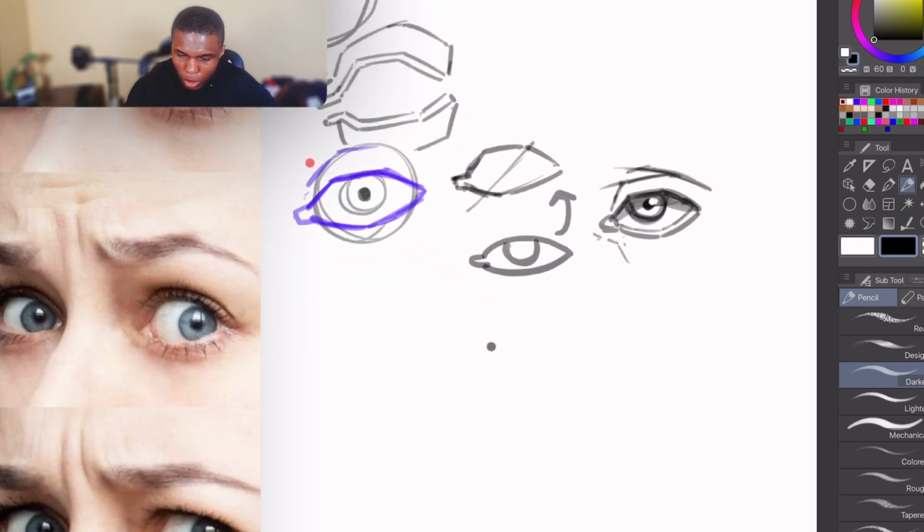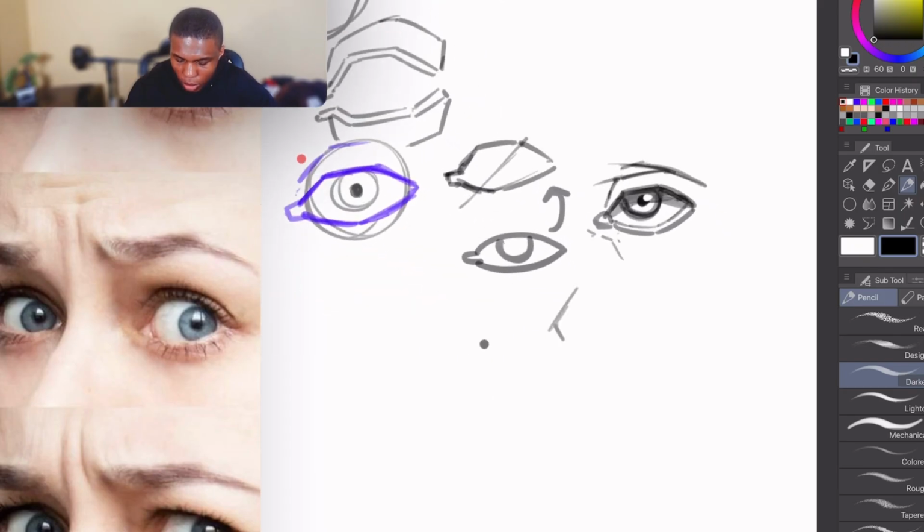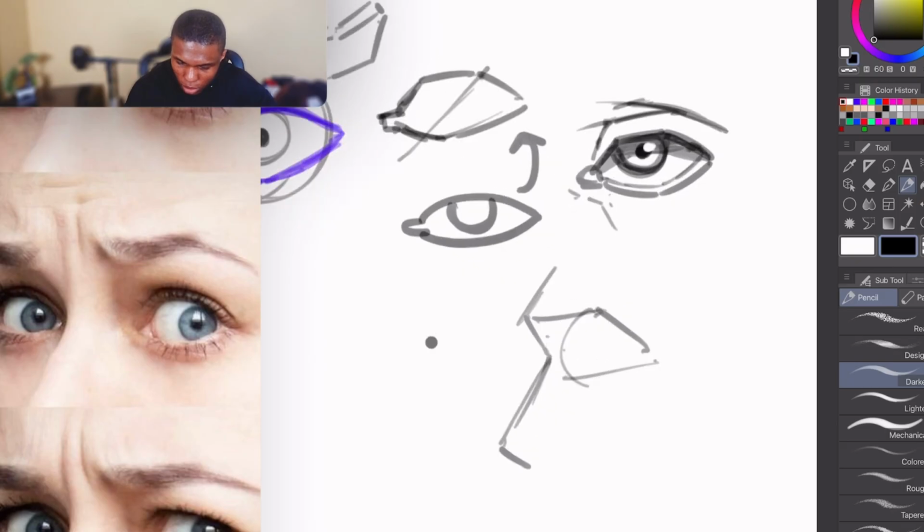Because when you look at the eye, let's say we're looking at the planes of the eye in this angle, and let's say this is like this, and then our eye is like this. You're seeing that this part of the eye is poking out a little bit.